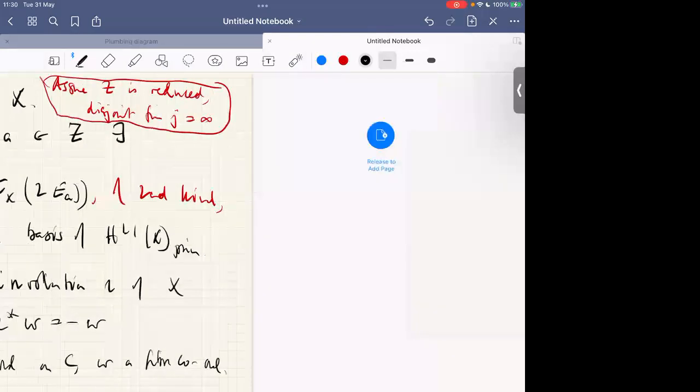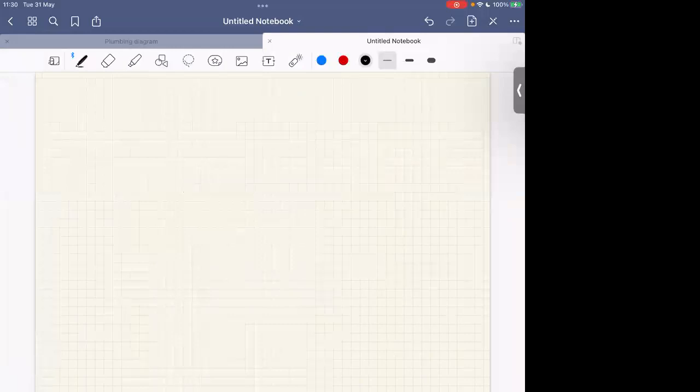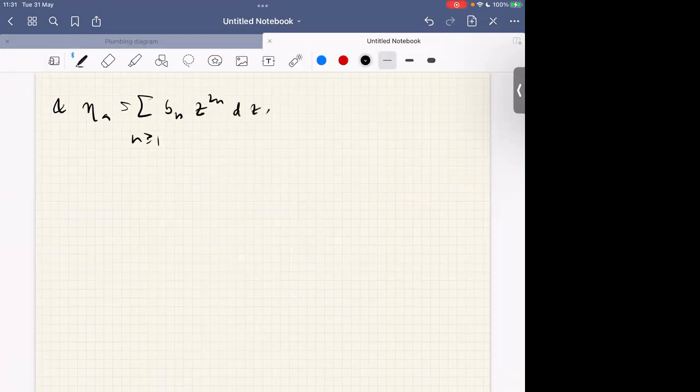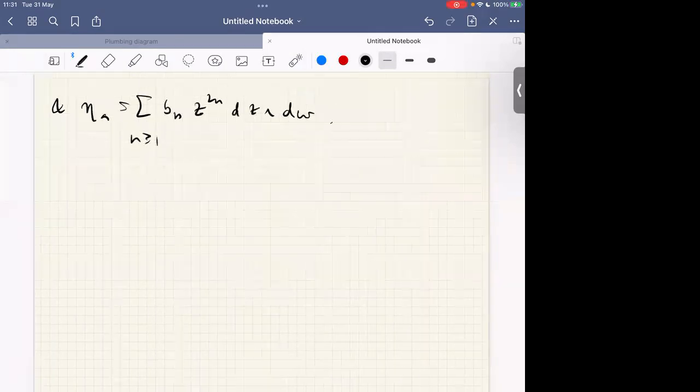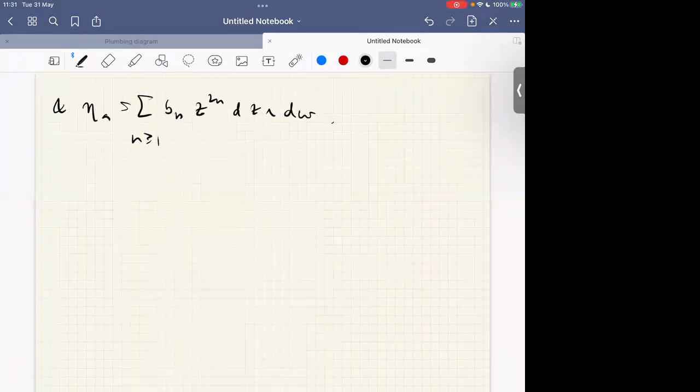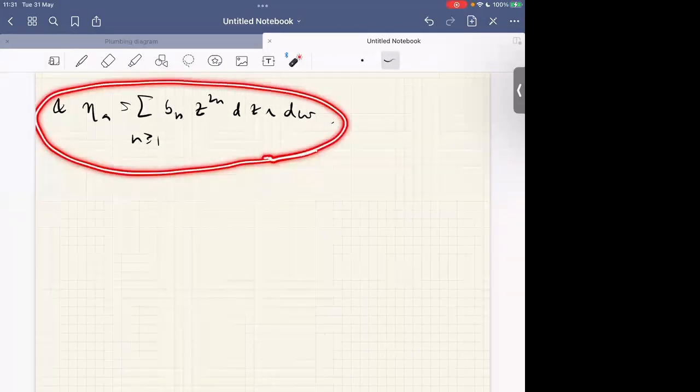So any form of this type is then a sum over n of b sub n, like this. My point is that what I've just written down is an expansion of any two-form with double poles along the fiber, which is invariant under iota.